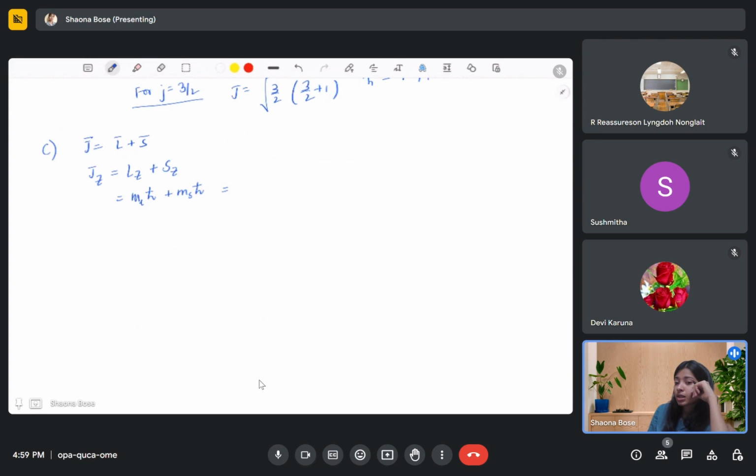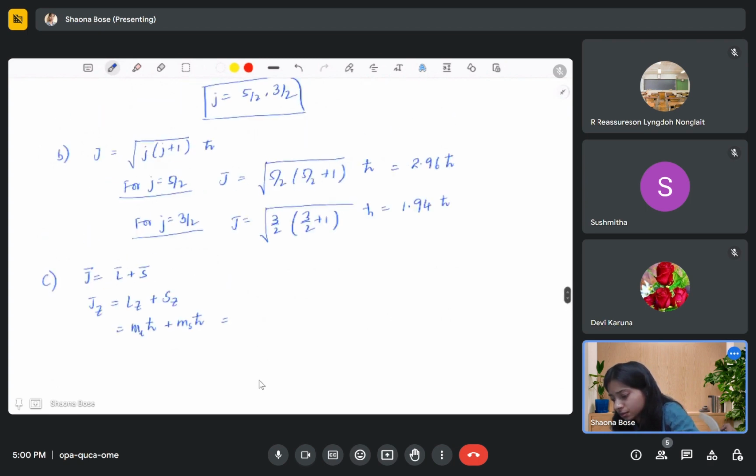After this, how do we proceed? What is ml for lz and ms for sz? Yes.